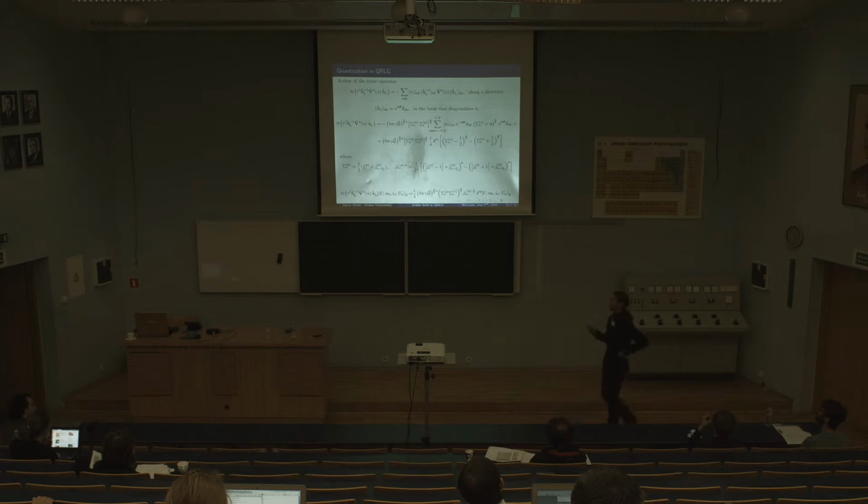This theory in quantum reduced loop gravity was invented to describe cosmology, and it differs from quantum cosmology in this way: in quantum cosmology we quantize the so-called minisuperspace that was described in the previous talk.